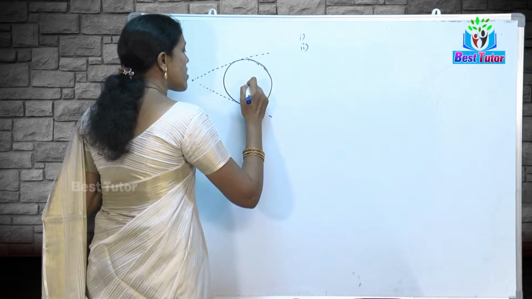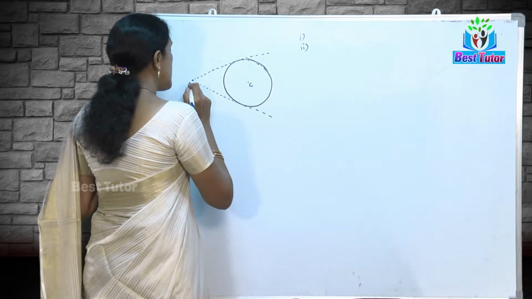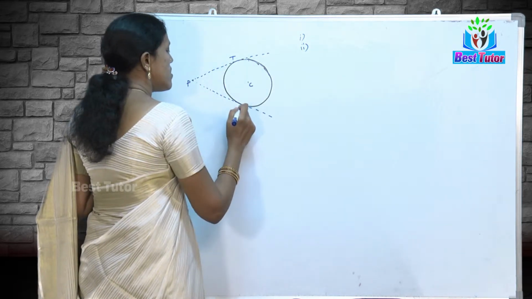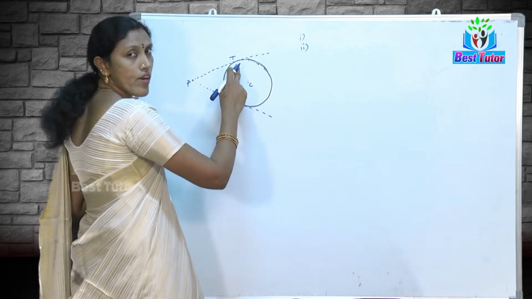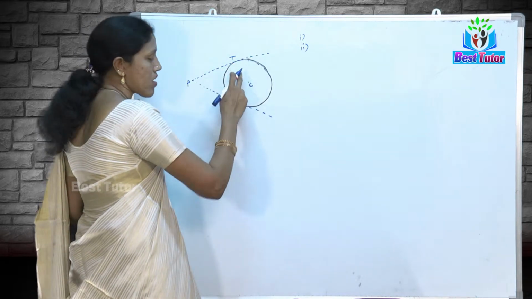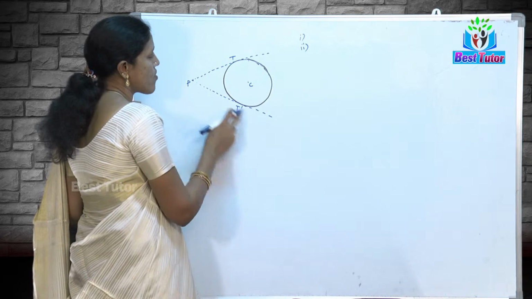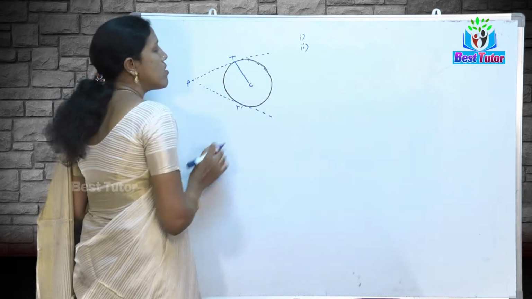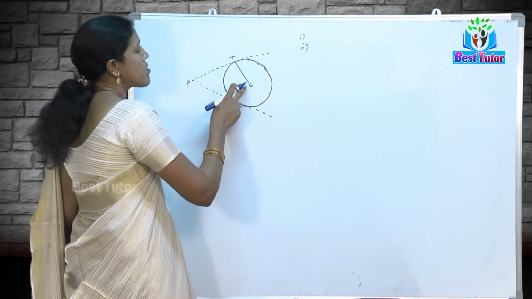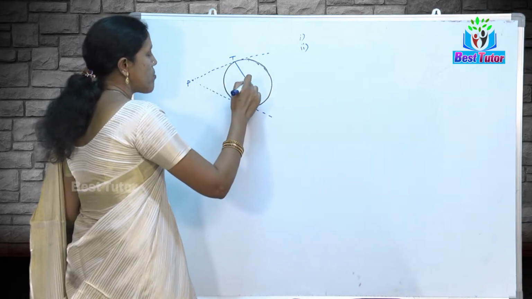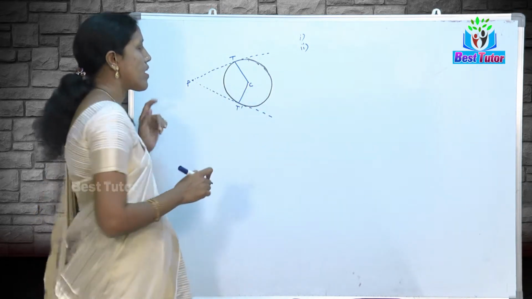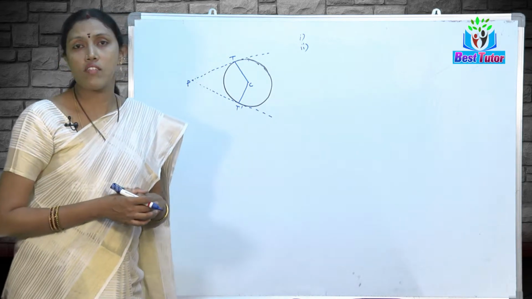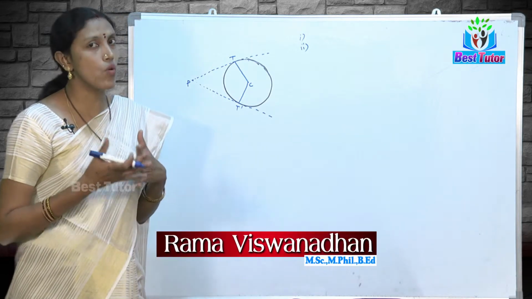This is the center of the circle. C, P, T, T dash. T is the point of contact of this tangent and the circle. T dash is the point of contact of the second tangent and the circle. Now if at all I draw a radius which joins these 2 points, similarly I can draw one more radius, right? When I say the tangents subtend equal angles at the center, what does it mean?